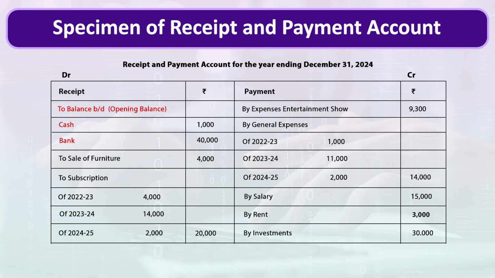The next item is subscription: of 2022-2023 is 4,000, of 2023-2024 is 14,000, of 2024-2025 is 2,000. The total comes up to 20,000 rupees.